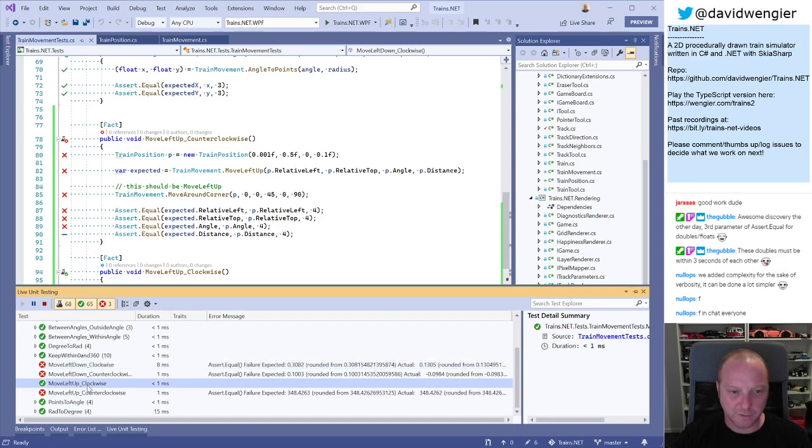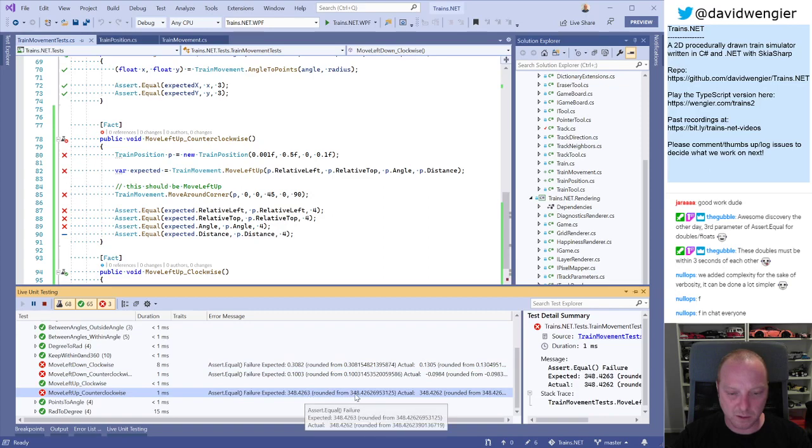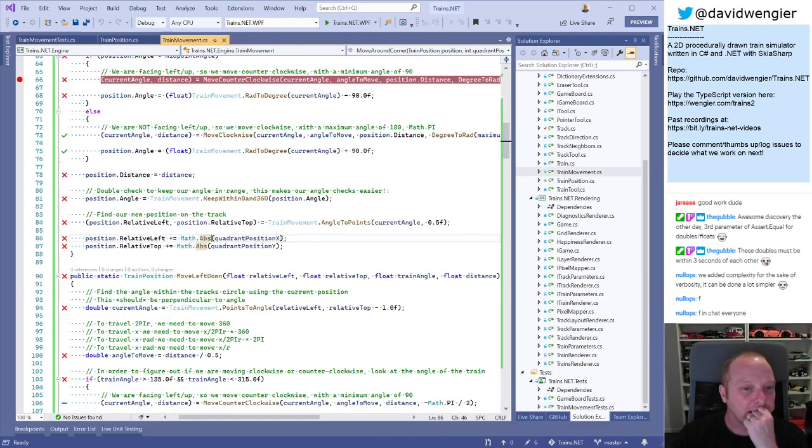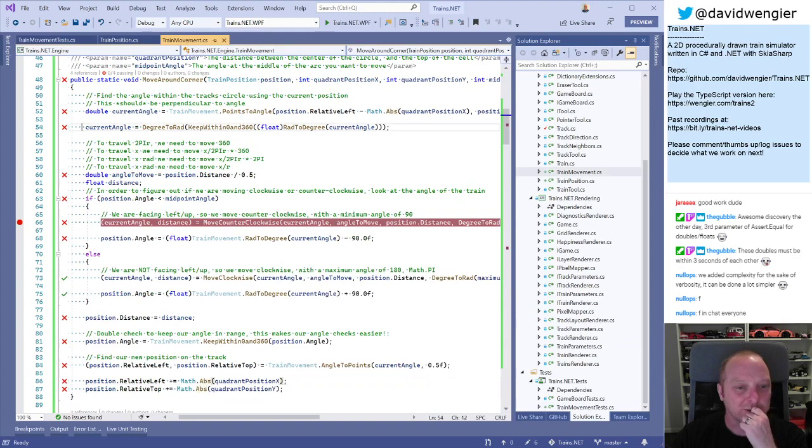Where are we? Move left, counterclockwise. 348.4263. Oh, they what? Seriously? Look at that. Okay, so is that just the loss of precision from this?